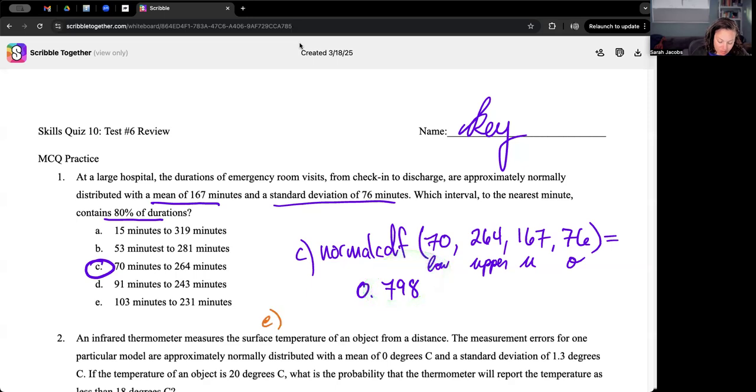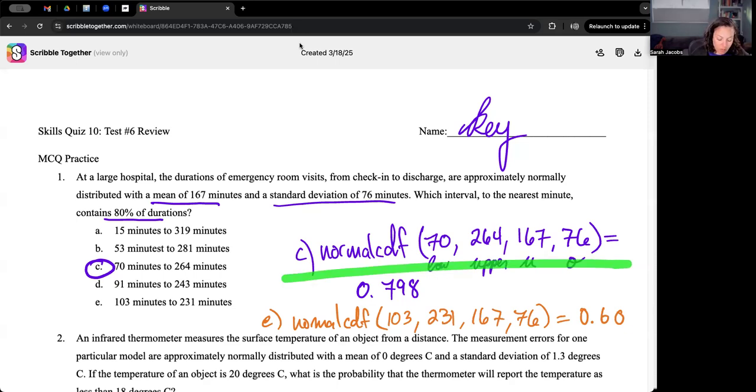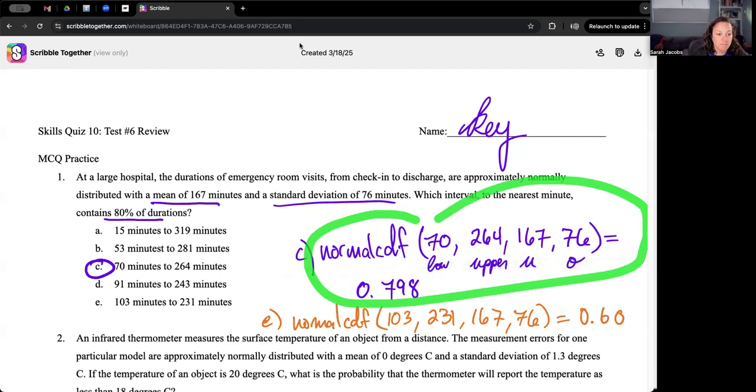But if we did normal CDF and instead our lower was 103 and our upper was 231, keeping the same mean and standard deviation, we get, what is this? 103 to 231 only gives us about 60% of the values. So we're using normal CDF. We're not trying to figure out what's at the 80th percentile. We're trying to figure out what contains 80%.